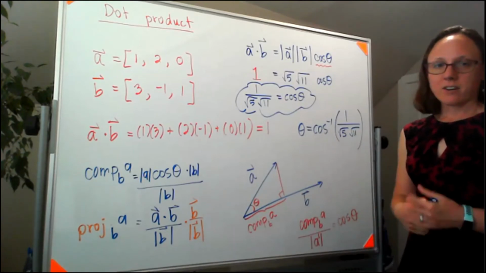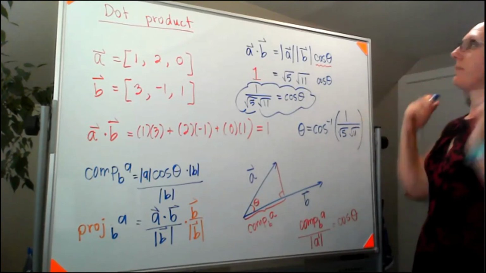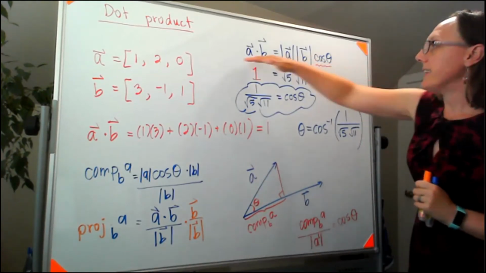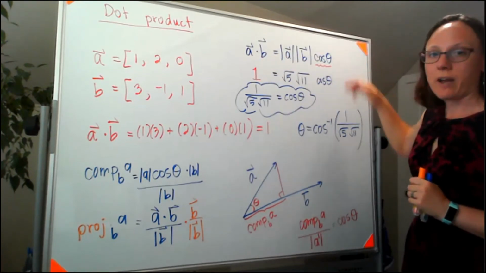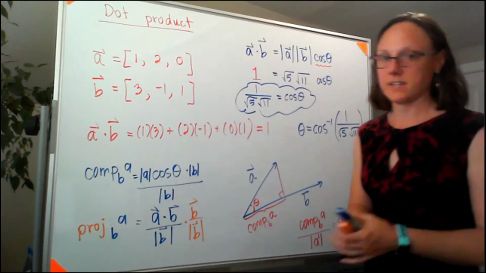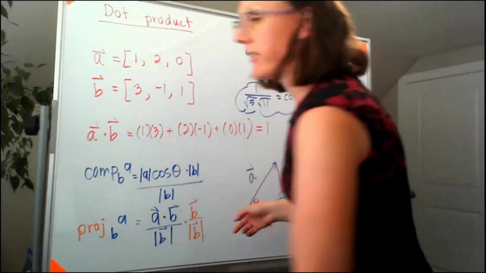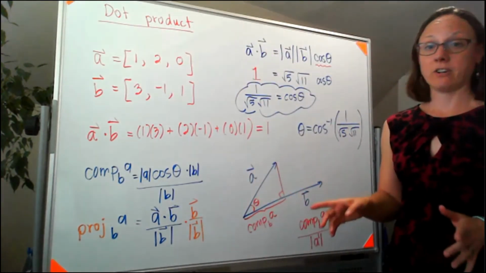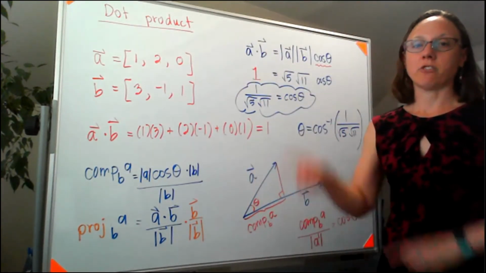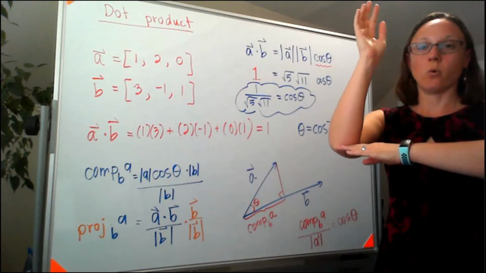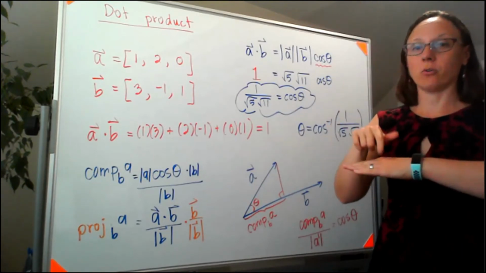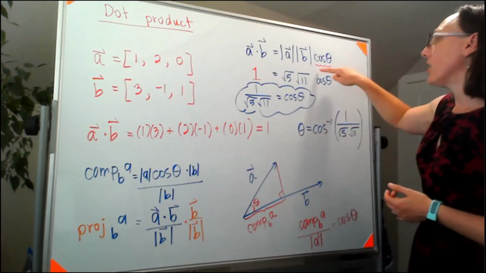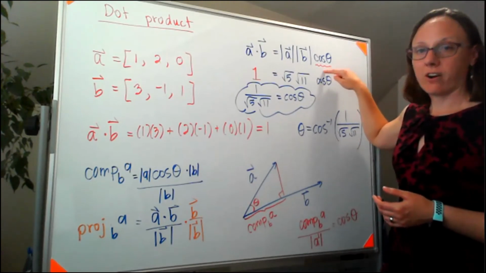Two last things that I'll say about dot product. This equation also has two specific consequences when my vectors are pointed in specific directions. If my two vectors are perpendicular or orthogonal, with a 90-degree angle between them, cosine of 90 degrees is 0.